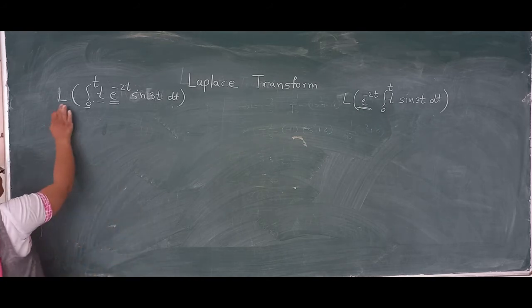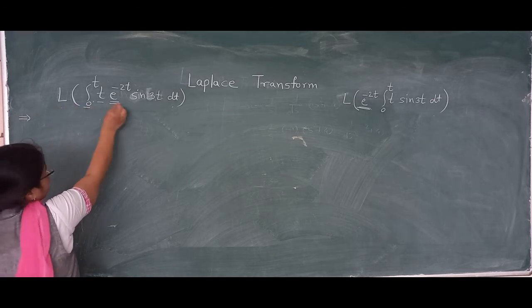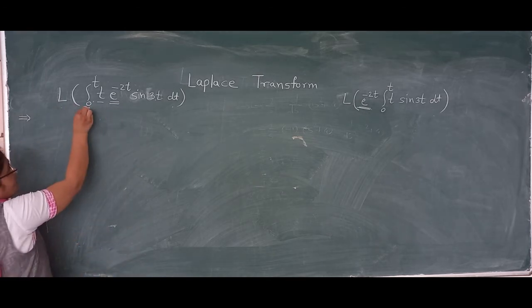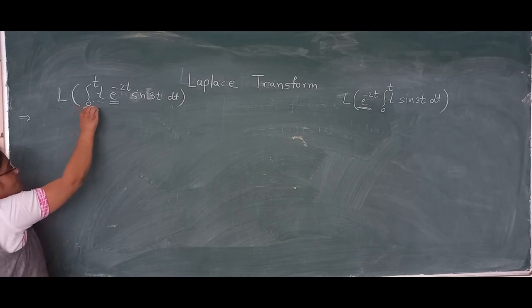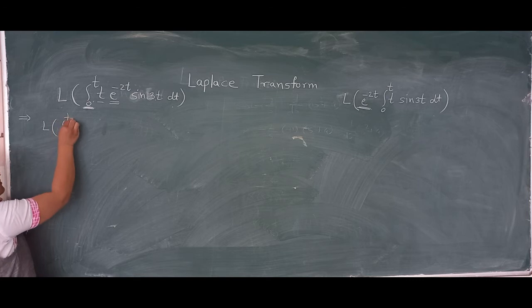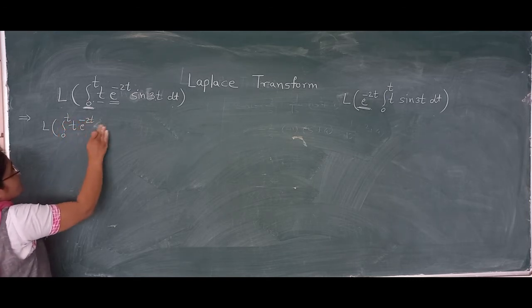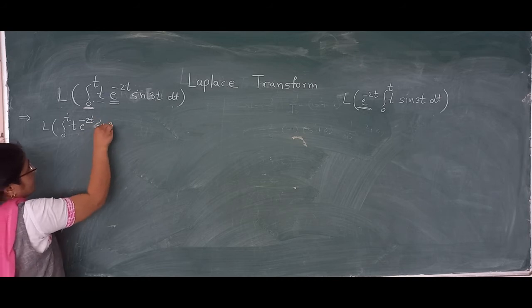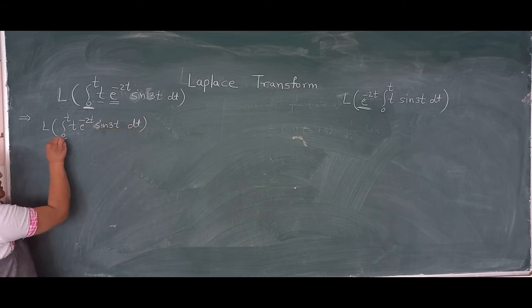So when I want to solve this question, it goes from left to right, that is, we have to tackle first the integration, which comes first in front of us. That's why Laplace of integration 0 to t, e raised to minus 2t, t sine 3t. First we have to give preference to the integration.